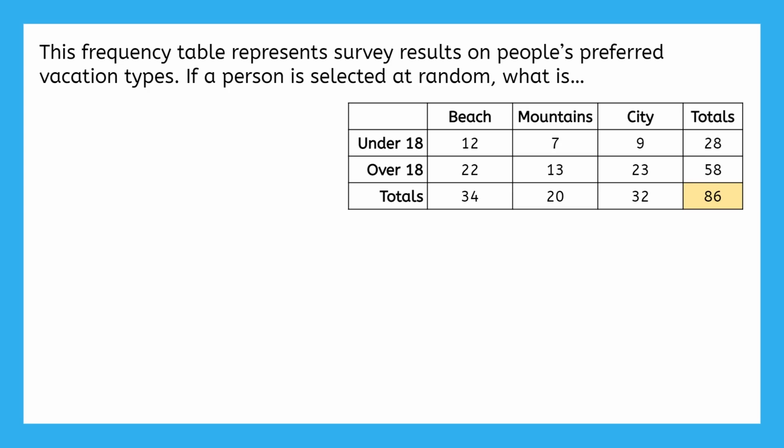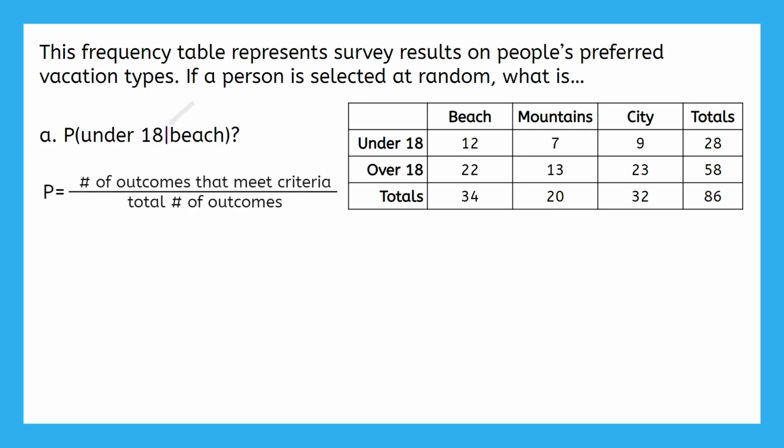Now that we know what this table represents, let's start with part A. Part A is asking for the conditional probability that a randomly selected person is under 18, given that they like the beach. We can tell this is conditional probability since it has that bar in the middle between the criteria and the condition. With this condition, what is the total number of possible outcomes?